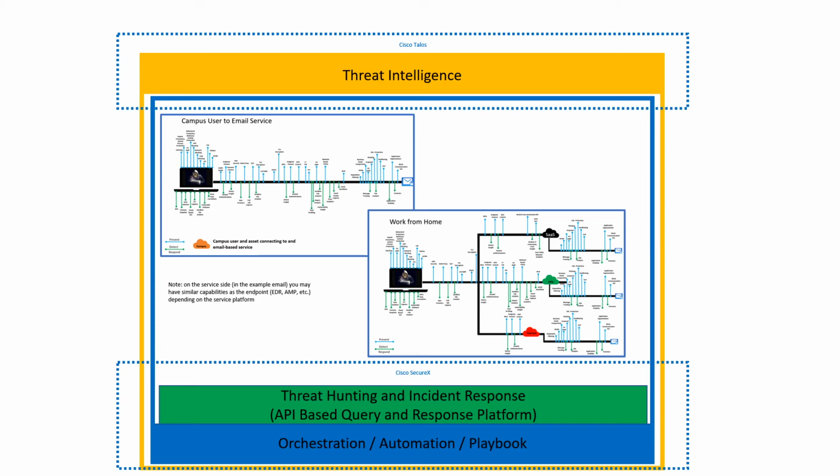But the thing is that now you have that orchestration, automation, and playbook type activity where you're integrating not only the Cisco modules, but also able to integrate third-party capabilities as well. And so that's tying in and helping drive that zero trust methodology.